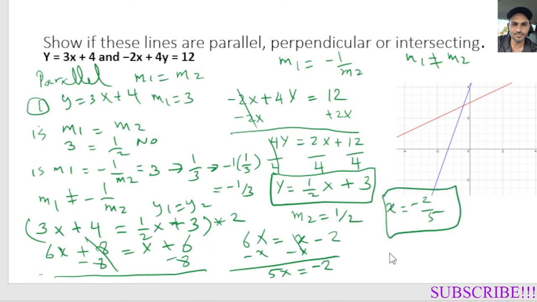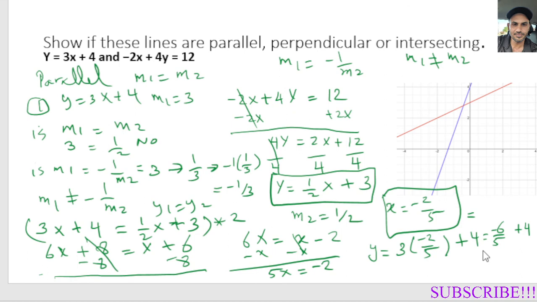Now we can solve for y once we have x. We plug into one of these equations: y equals 3 times negative 2 over 5 for x, plus 4. If we solve this, we get negative 6 over 5 plus 4.